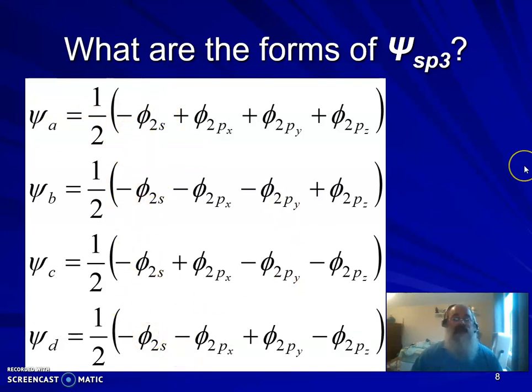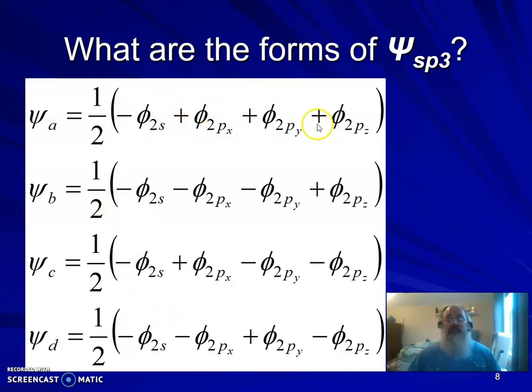Now, as far as the coefficients are concerned, all 4 of these orbitals are hybridized with the same amount of s, and so the sum of this coefficient plus this one plus this one plus this one, each of them squared, has to add up to 1. So that means that each of those c squareds is 1/4, and the square root of 1/4 is 1/2. So each of these coefficients is 1/2.